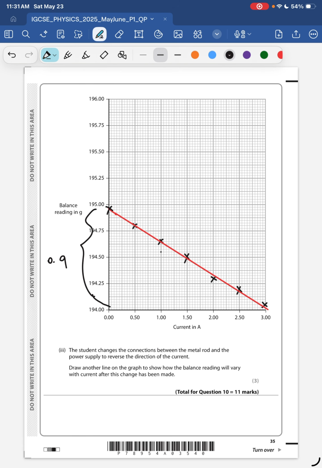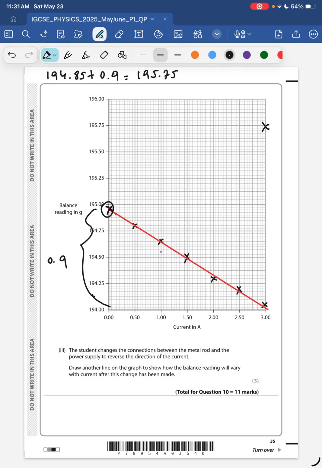The first data point is the same at 0 current. And then the last data point is going to be 194.85 plus 0.9, but in the positive direction. So 194.85 plus 0.9 is 195.75 at 3 amps, up here.